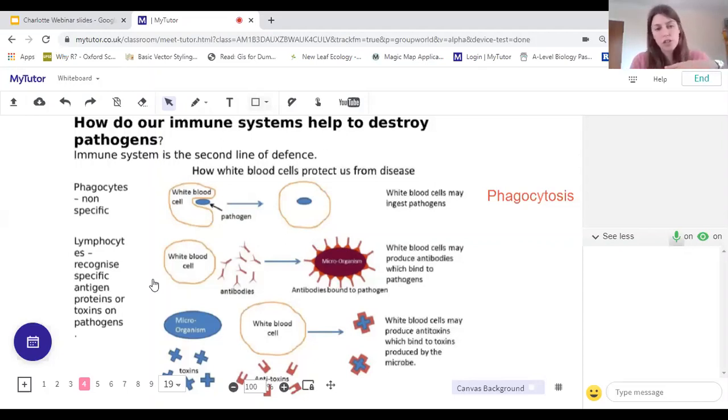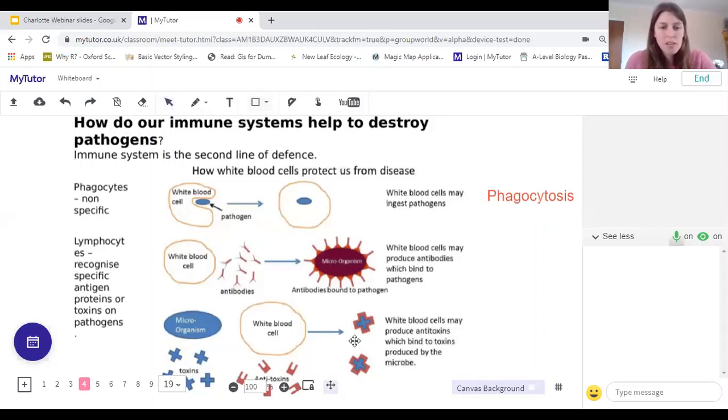What they can then do is produce antibodies, which are the same shape as those antigens. Those antibodies then bind to the pathogens and make them stick together. That makes them really sticky, which means that the phagocytes can come along and engulf loads at once, in phagocytosis.